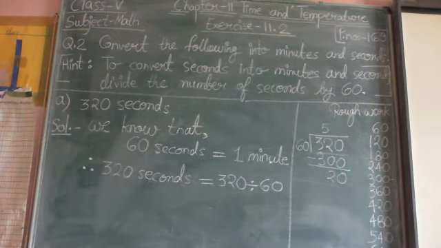Now we cannot divide further because 20 is smaller than our divisor, so we will stop our division process here.